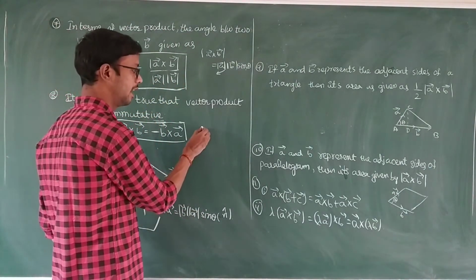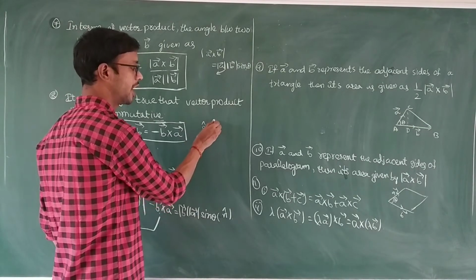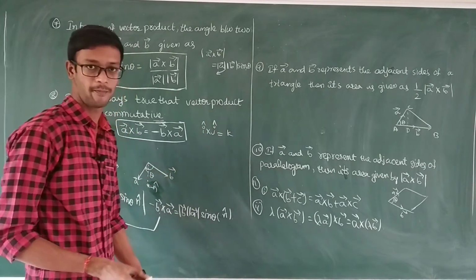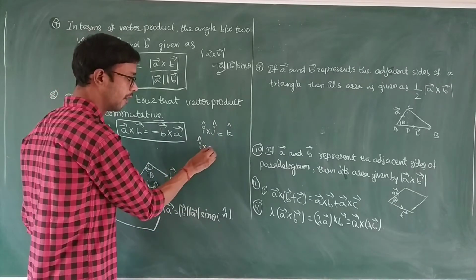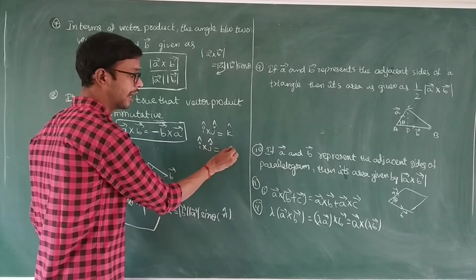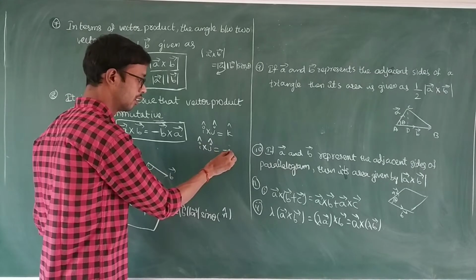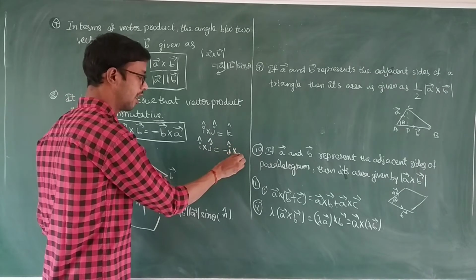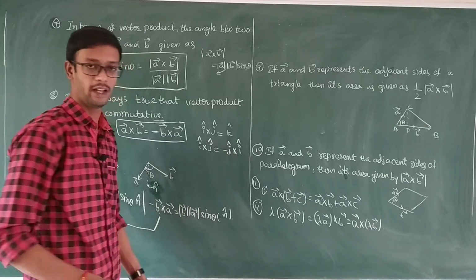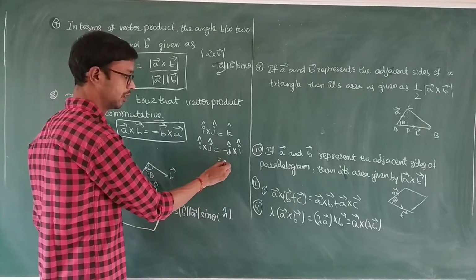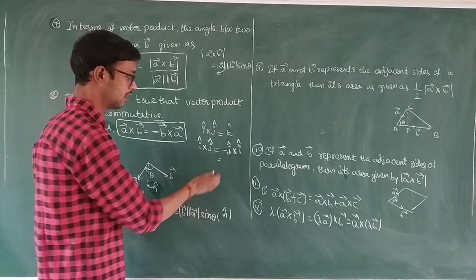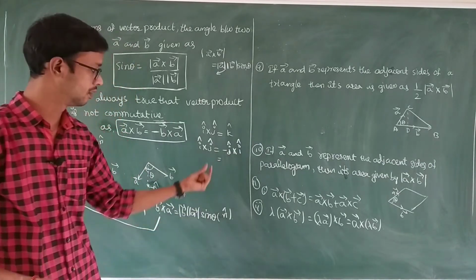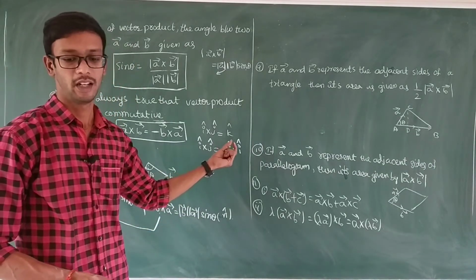Based upon this, we discussed already I cap cross J cap is equal to K cap. This is nothing but negative of J cap cross I cap. So we can write minus J cap cross K cap.